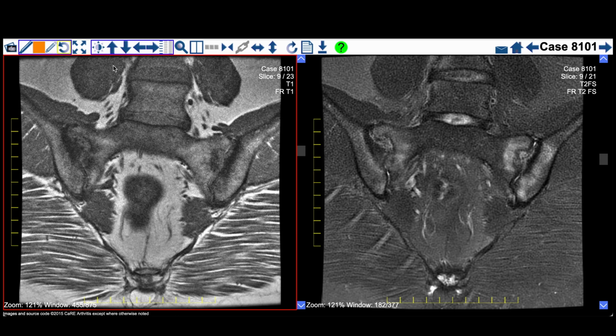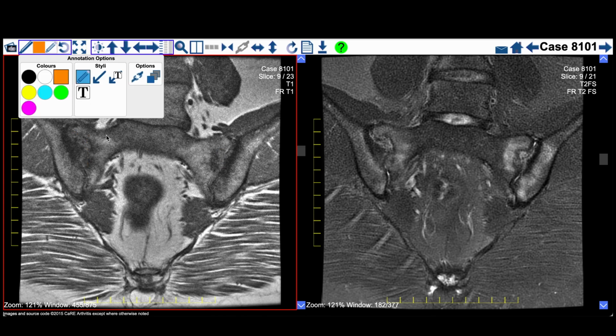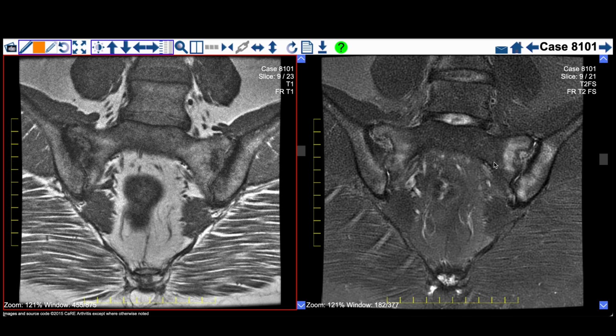And we can see the erosion very nicely outlined in the sacrum using this annotation. So this is an example of both active inflammatory and structural lesions.